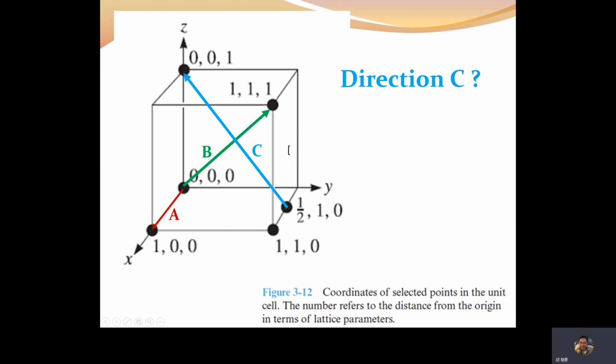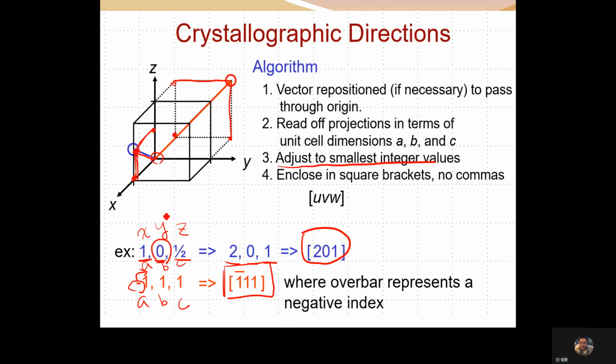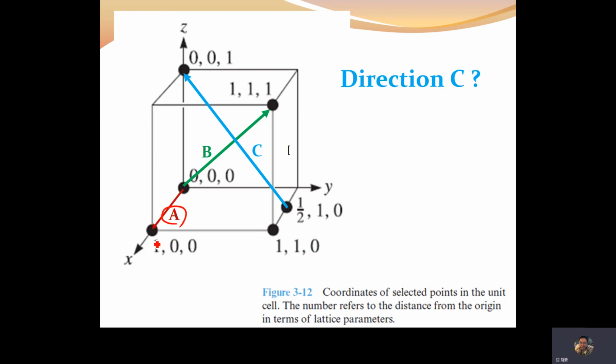Okay, so it must be easy. For example, for the A, if we use the Miller indices, it's 1, 0, 0.